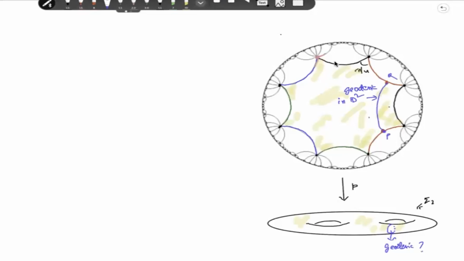This may not be the case. Here, this blue geodesic is homotopic to this black geodesic.